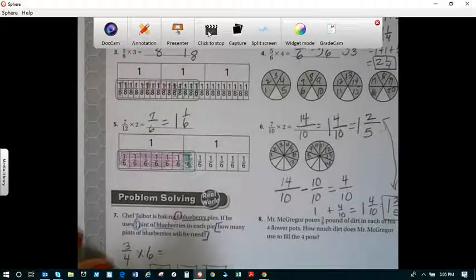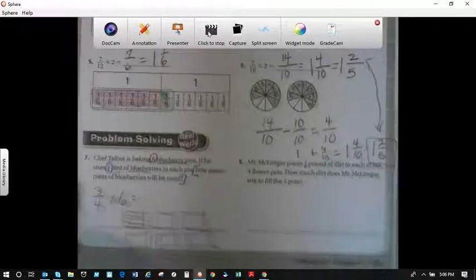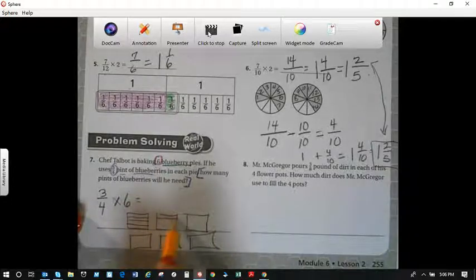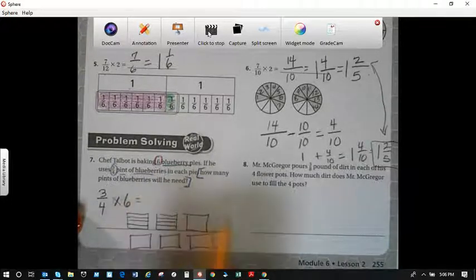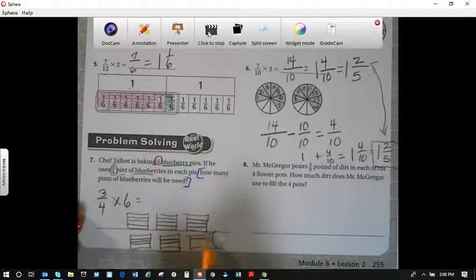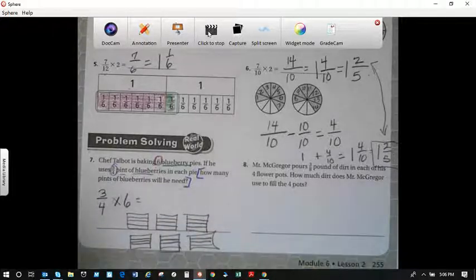I'm going to put fourths in here, so in each one there is a total of 4 parts. So in each container, there's a full container, and I'm going to put 4 parts in there. Let me extend this one out right here. Okay, so each one has 4 parts.